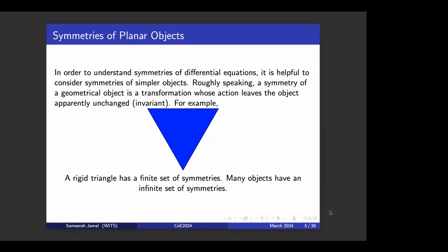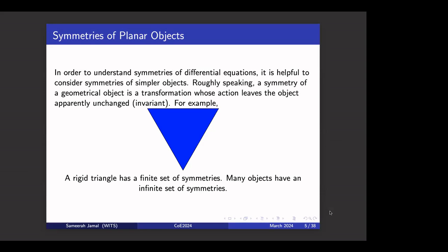If we were to speak about rigid planar objects and their symmetries, you could speak about this idea from a geometric perspective, where you have a transformation that leaves your object invariant. For example, a rigid triangle has a finite set of symmetries.